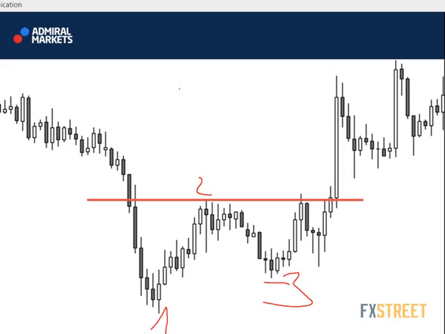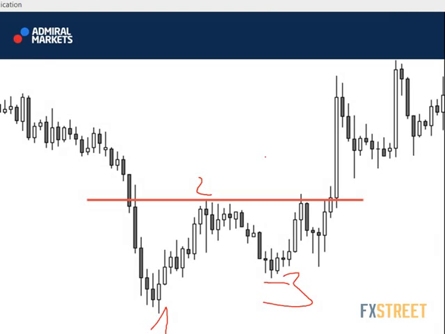Okay, so as I already showed you, we can go with the breakout, so-called trigger happy, the breakout retest trade, or the breakout pullback continuation. So it's up to you which kind of entry you decide to take.